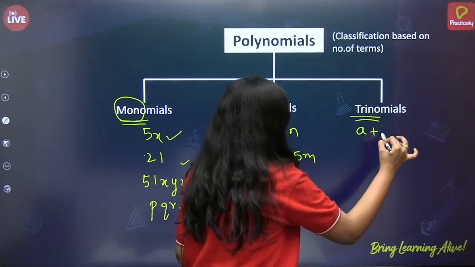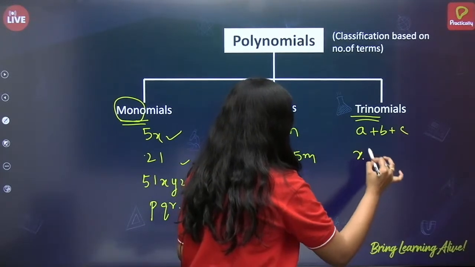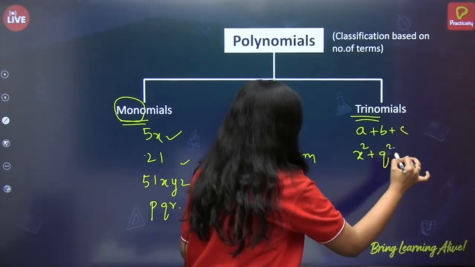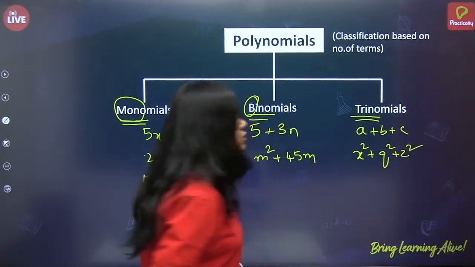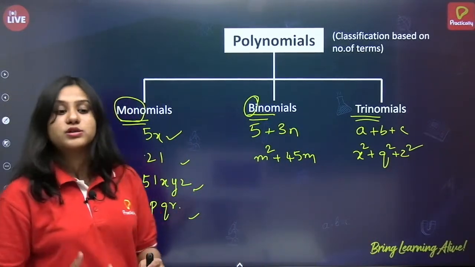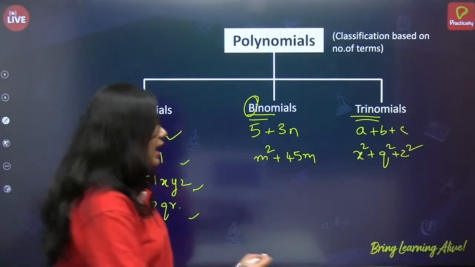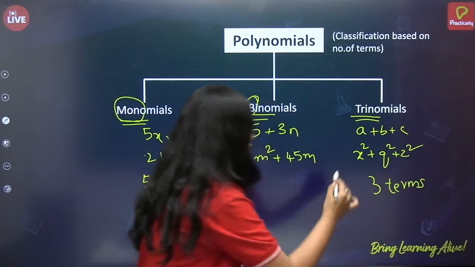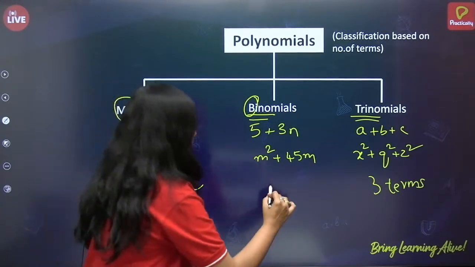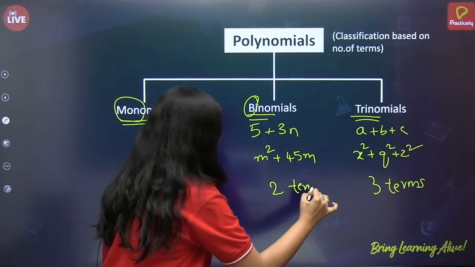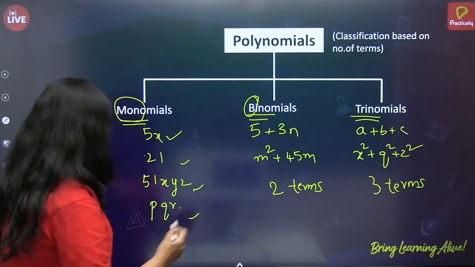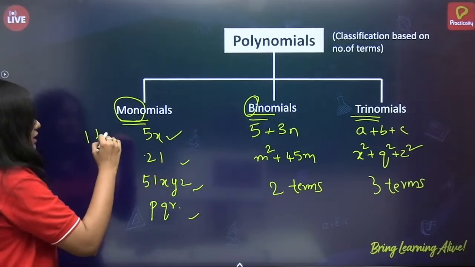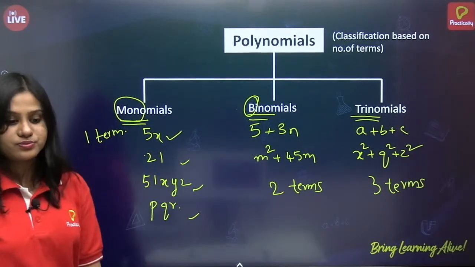A plus B plus C. X square plus Q square plus Z square. These two are examples of trinomials because they have 3 terms. So 3 terms is a trinomial. When it has only 2 terms, it is a binomial. When it has only 1 term, it is called a monomial.